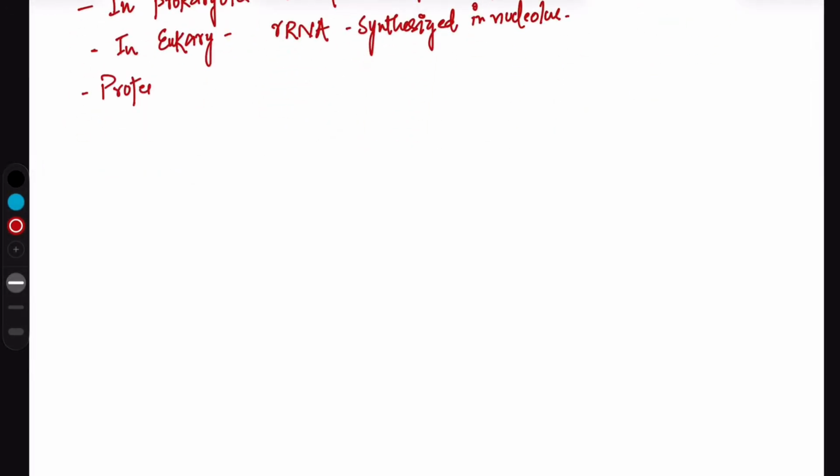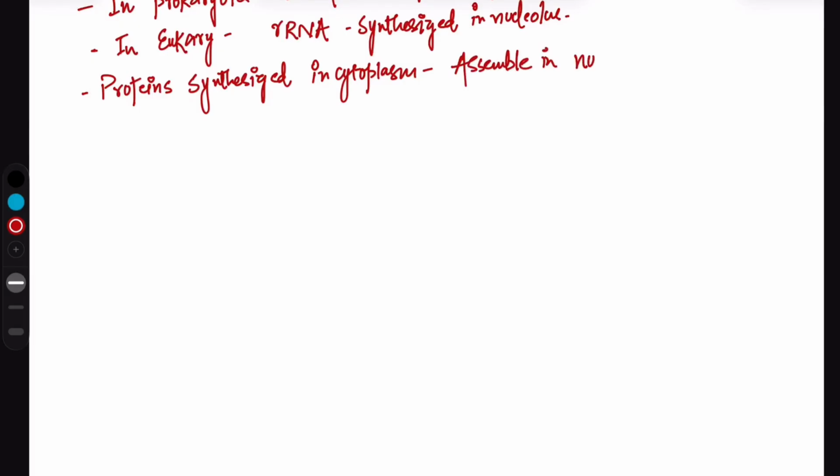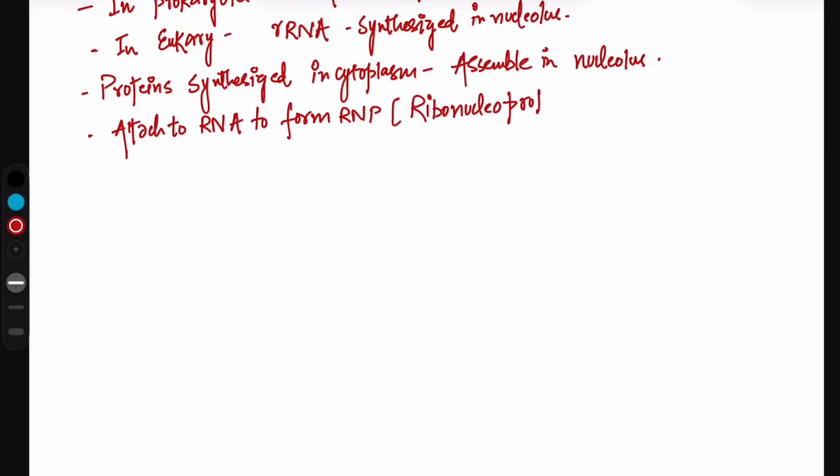Now the proteins which are synthesized in the cytoplasm get assembled in the nucleolus, and there they attach to RNA and form RNPs, which are basically ribonucleoprotein particles.